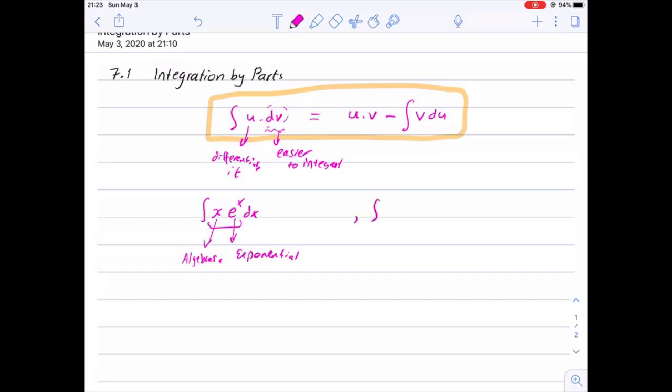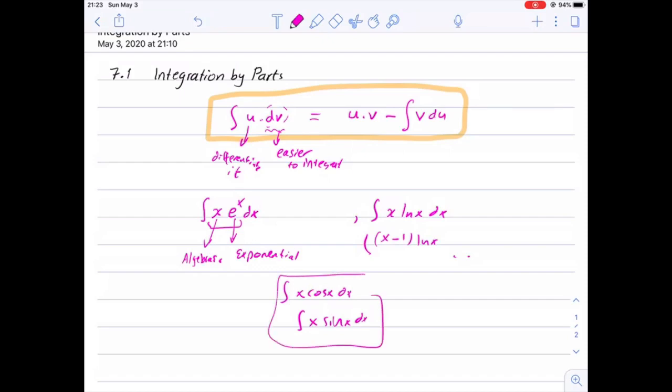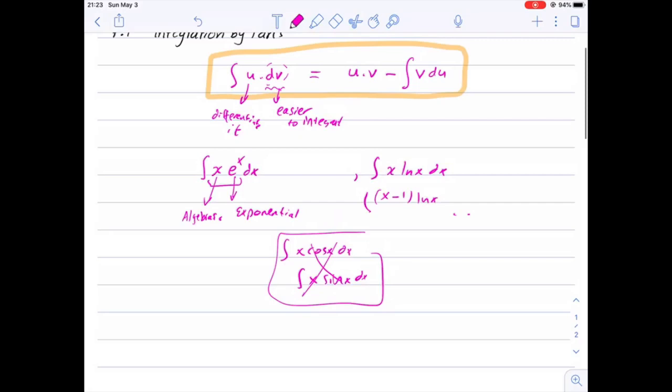Also, we may have x natural log of x, or x minus 1 times natural log of x. Also, we may see in other courses x cosine x dx, x sine x dx, but in this course, we don't deal with trig functions. These functions can be integrated using integration by parts.